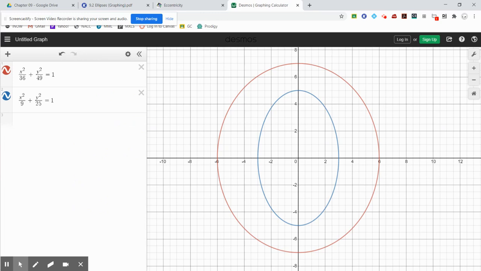The first one's in red, the second one's in blue. Since the red one's eccentricity was closer to 0, it resembles more of a circular shape. The second one, the blue one, is more of a true ellipse. It's more elongated. So again, the closer you are to 1, the more stretched out you're going to be. The closer you are to 0, the more it's going to resemble a circle.